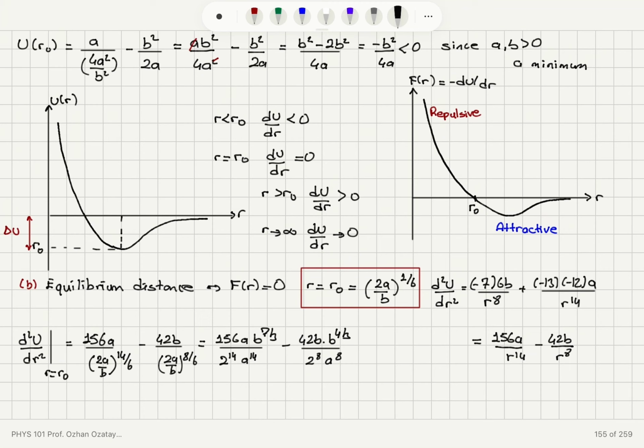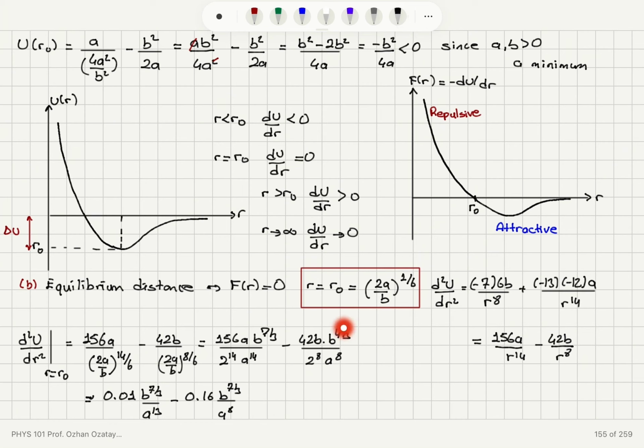So this is going to be roughly, if I calculate 156 divided by 2 to the 14, 0.01 b to the 7 over 3 divided by a to 13, because there was one a on top, it becomes a to 13 at the bottom, and 42 divided by 2 to the 8 gives me 0.16 b to the power 7 over 3 divided by a to 8.